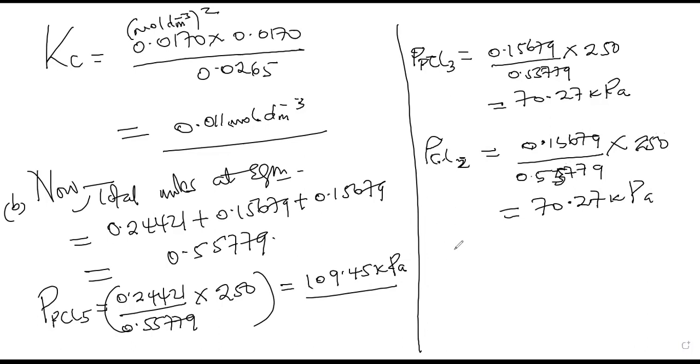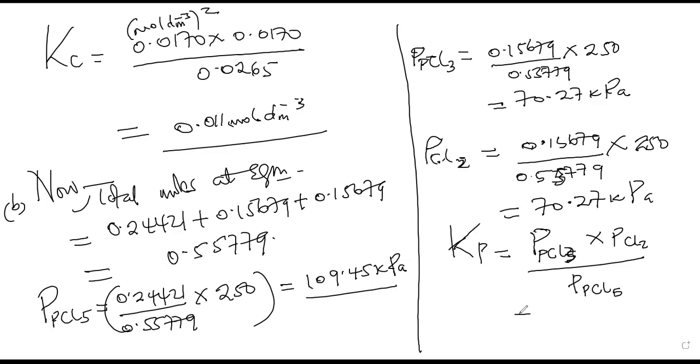But Kp, expression for Kp, sometimes they first tell you to write those expressions, but in case they haven't, you have to write it at the right time. So Kp is equal to the partial pressure of phosphorus trichloride raised to the power 1, of course, times partial pressure of chlorine raised to the power 1 over partial pressure of phosphorus 5 chloride.